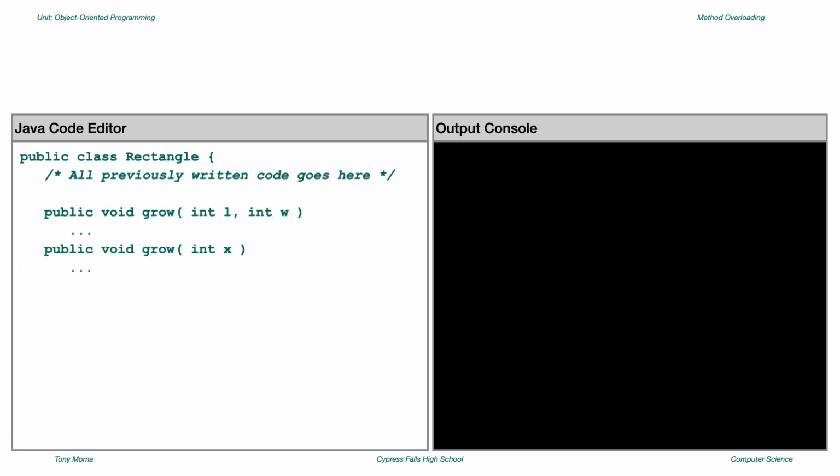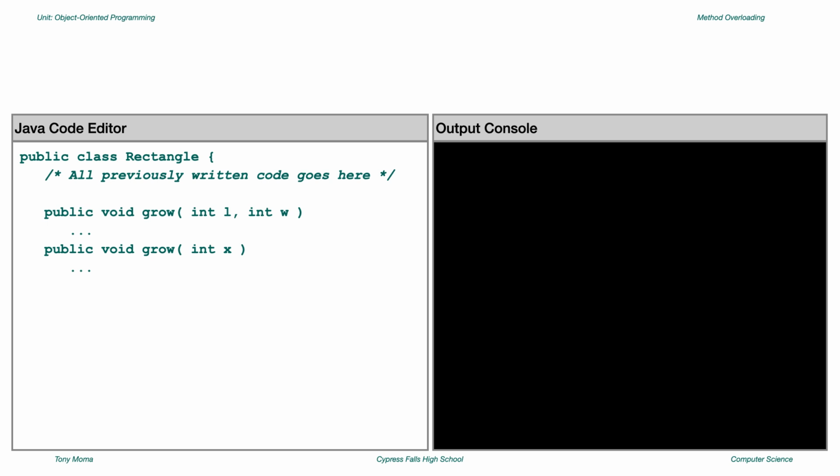So we've already seen an example of having two methods with the same name, but a different number of parameters. And also, sidebar, notice how instead of putting the body of the method, I'm just putting 3 dots. That's because our focus right now is just on the header of the methods, not the body.